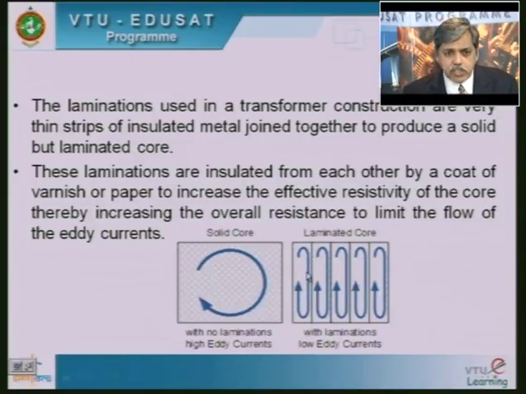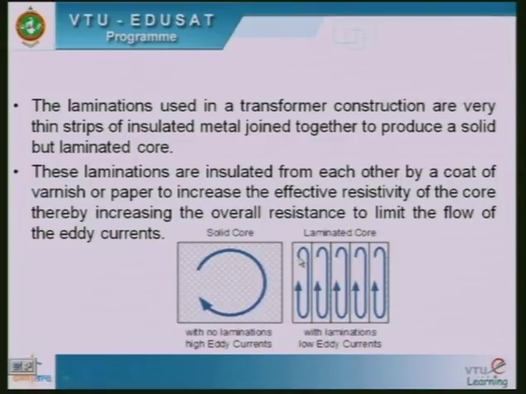Because of this insulation, a varnish coating, the current that is induced in this lamination cannot go to the next lamination. Therefore the area offered by the core to the induced EMF due to flux reversals within the lamination is restricted to a smaller size.